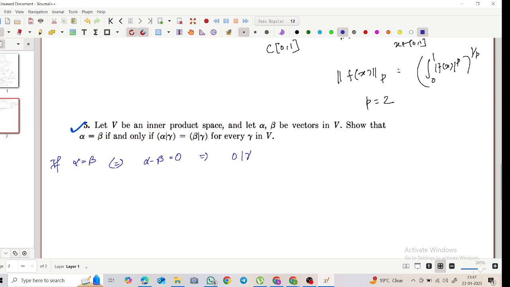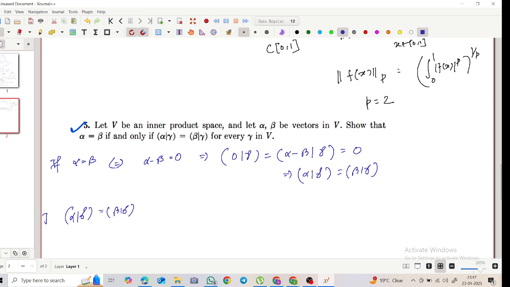So the inner product of 0 with gamma is the inner product of alpha minus beta with gamma, this is 0, and this implies alpha inner product gamma equals beta inner product gamma. So this part is very easy. For the other part, can you do the exact opposite thing? Suppose alpha inner product gamma is beta inner product gamma, which implies the inner product of alpha minus beta with gamma is 0, right?